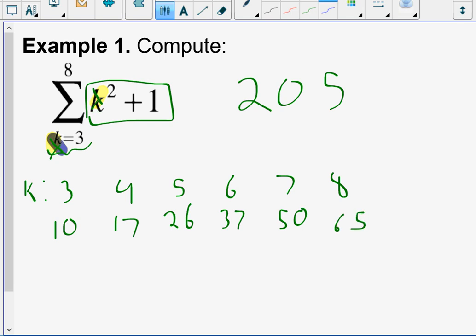And then sigma is putting all of those together and adding them up for you. So when you put this into your calculator, you're doing 10 plus 17 plus 26 plus 37 plus 50 plus 65, which is adding up to 205 total. And that's what sigma does.